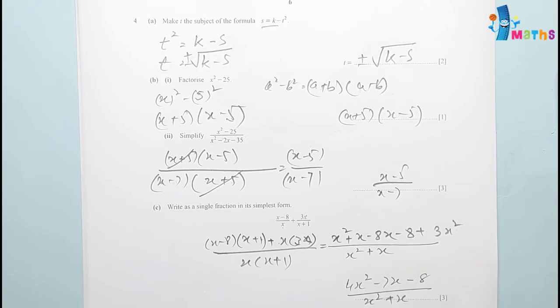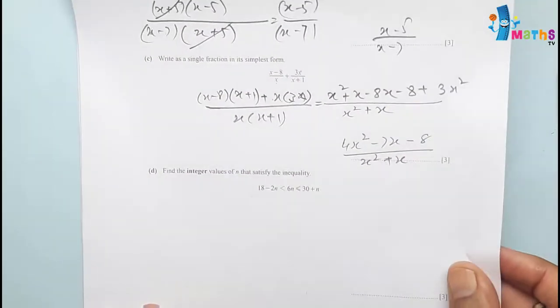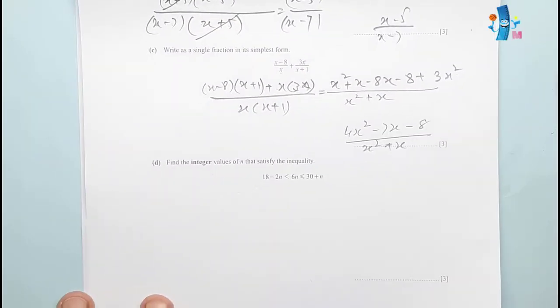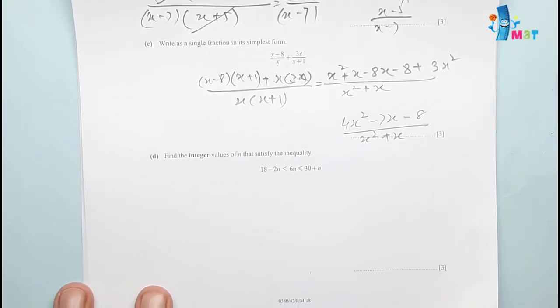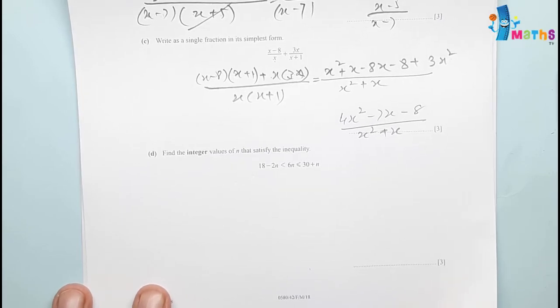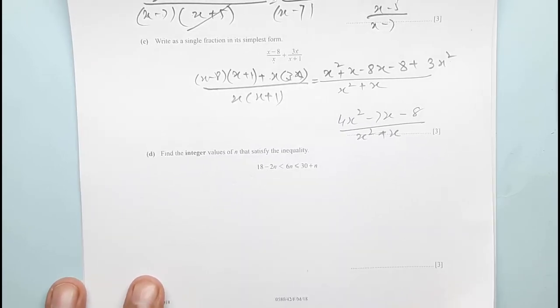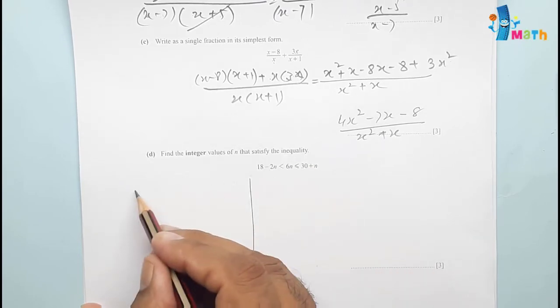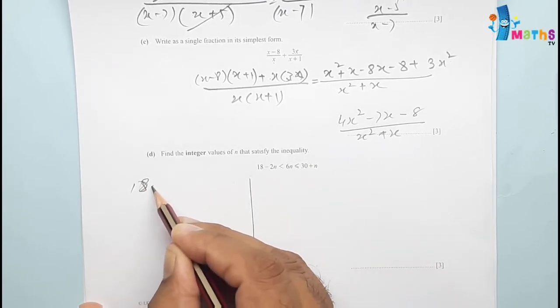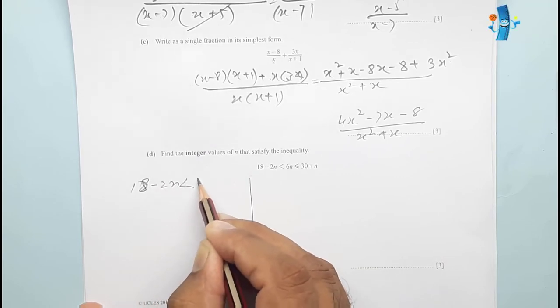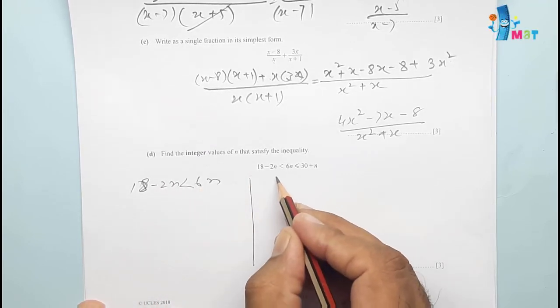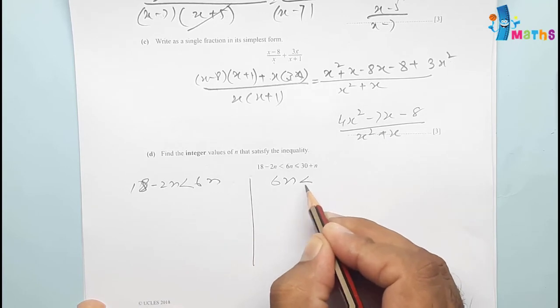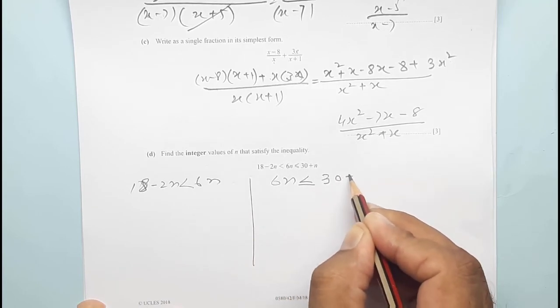D part, find the integer values of n that satisfy the inequality. We can break this into two portions. 18 minus 2n is less than 6n, and the second inequality is 6n is less than or equal to 30 plus 9.